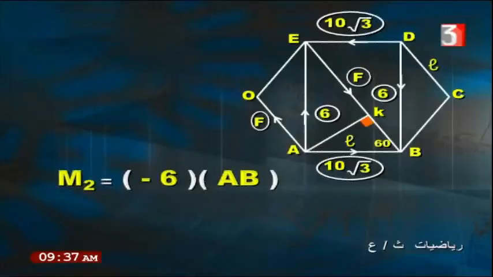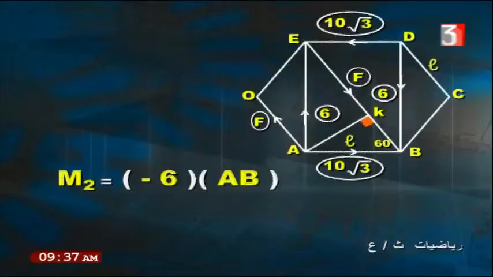Second couple, look at the two forces 6 and 6. The two forces are equal in magnitude, opposite in direction. The moment is negative 6 times AB. Why negative, mister? Excellent student.